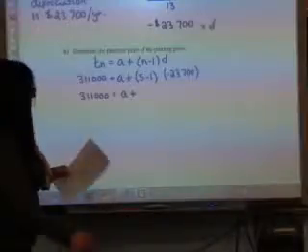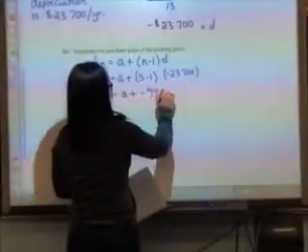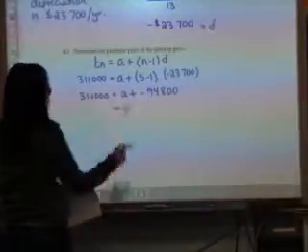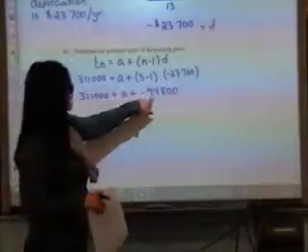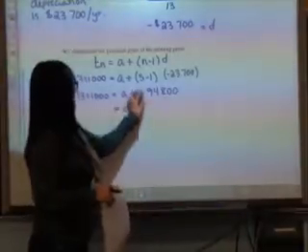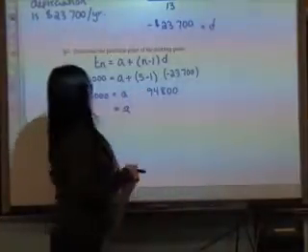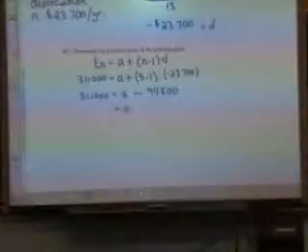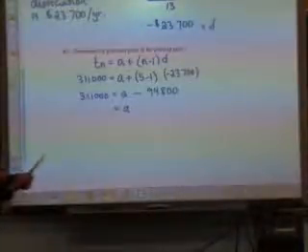Negative 94,800. So then to get A by itself, I'm going to add, so this plus a negative, let's simplify it and make it just a minus. So I'll add 94,800 to each side. What do I get?